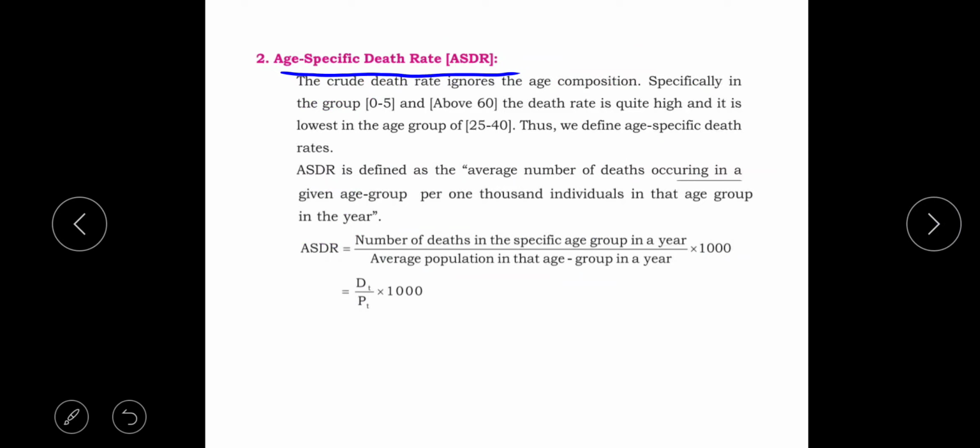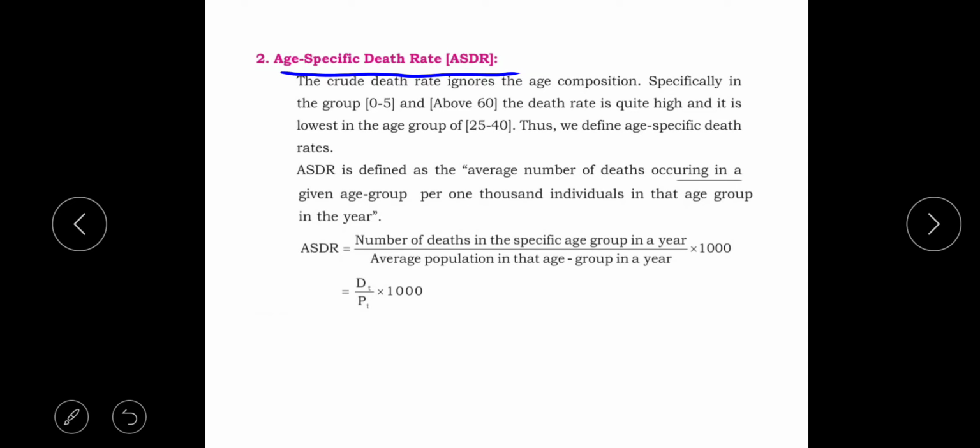And the next one is age specific death rates. In CDR we have not divided or separated the age groups. So here we divide them. As I said, it is the same as ASFR, but the difference is that here we don't consider male or female population separately; we consider the entire population irrespective of gender, and we take the total population in a particular age group.